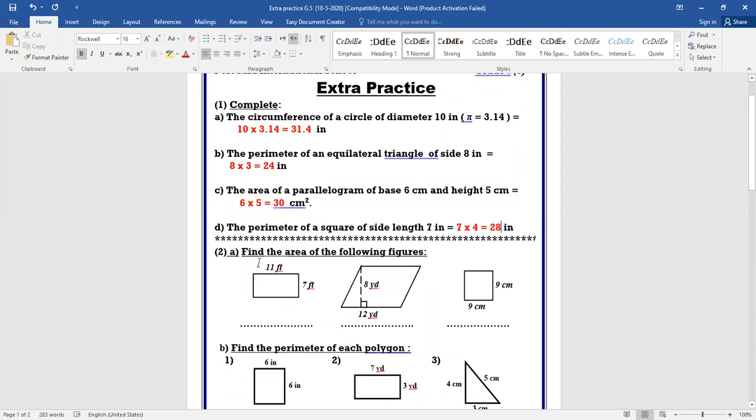Exercise number 2. Find the area of the following figures. The first is a rectangle.